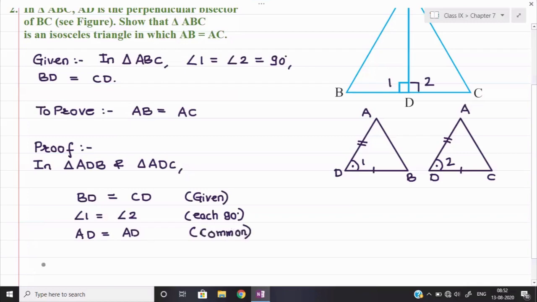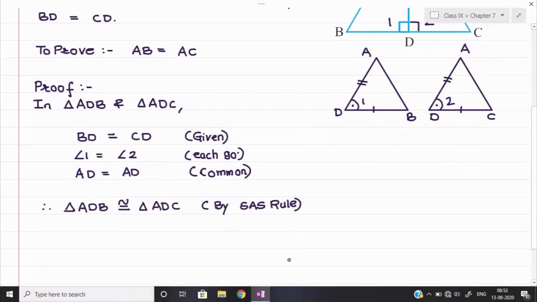Now we can say therefore triangle ADB is congruent to triangle ADC. That we can say by side angle side rule. Okay, so if these two triangles are congruent, we can say that AB and AC will be equal. How can we say AB and AC are equal?